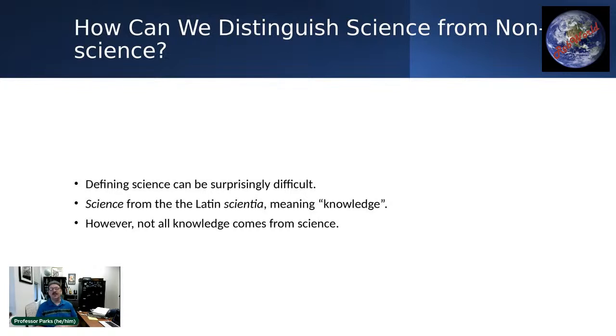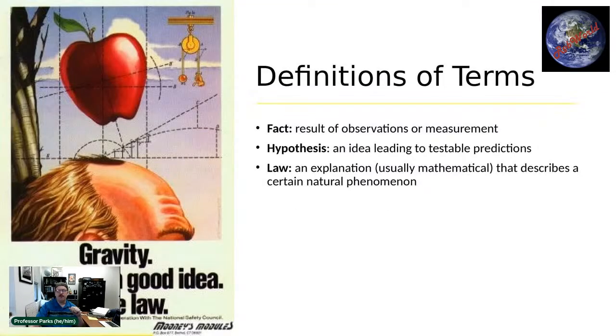You can have the knowledge of love, of poetry, of emotion, artistic knowledge. So science does not have a monopoly on knowledge. We need a more specific definition of a way of describing science.